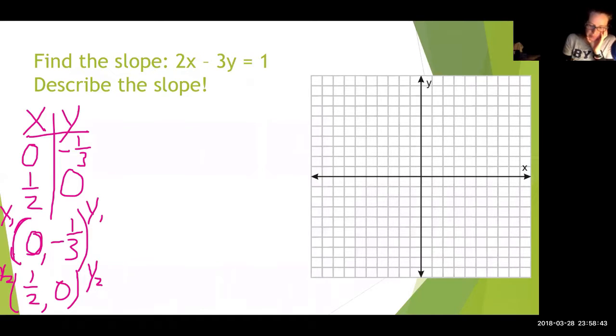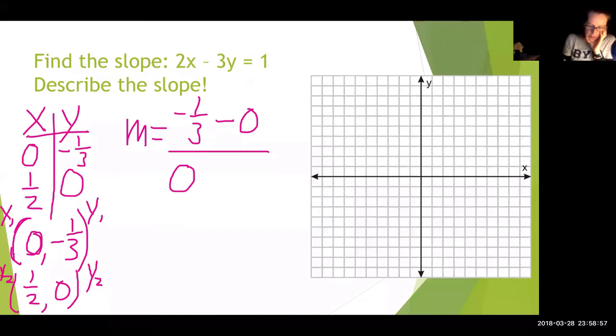All right, so our slope is going to be our y1, negative 1/3, minus our y2, 0. And then on the bottom, it's x1 minus x2, 0 minus 1/2. We end up with negative 1/3 minus 0 is just negative 1/3, and 0 minus 1/2 is negative 1/2.